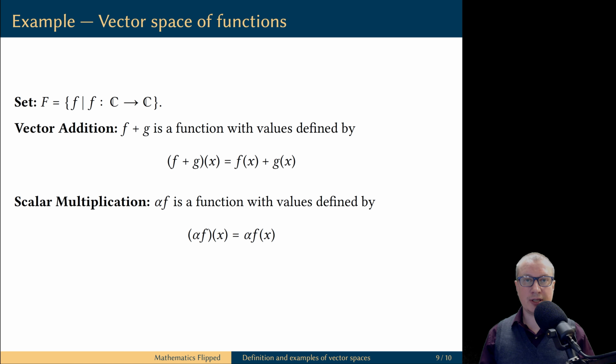So the new function f plus g has a property that its value at point x is the value of f at the point x plus the value of g at the point x. Notice in this equality, the plus sign on the left-hand side is the new operation we are defining. This is the operation of addition of functions. On the right-hand side, this is the operation of addition of numbers, because we are adding values of functions at a given point x.